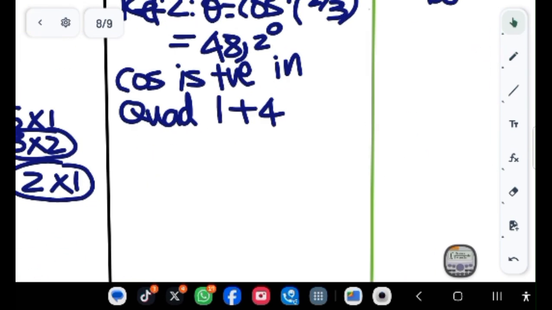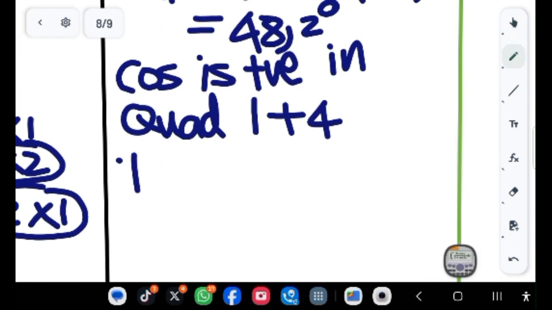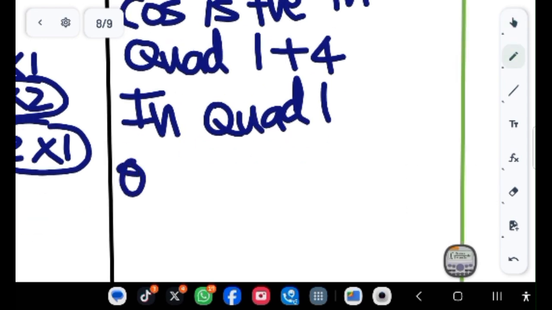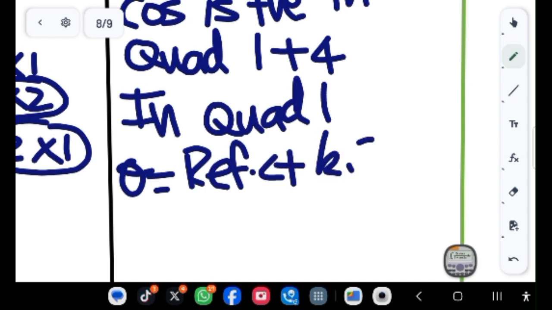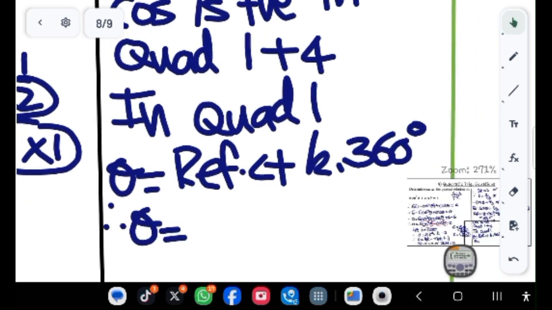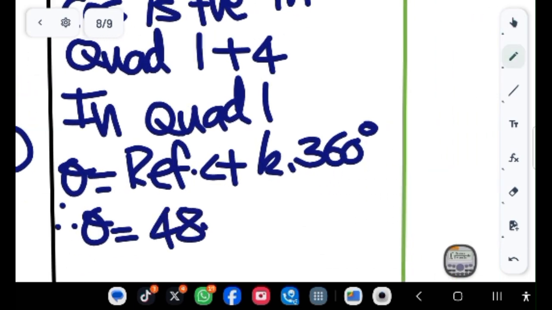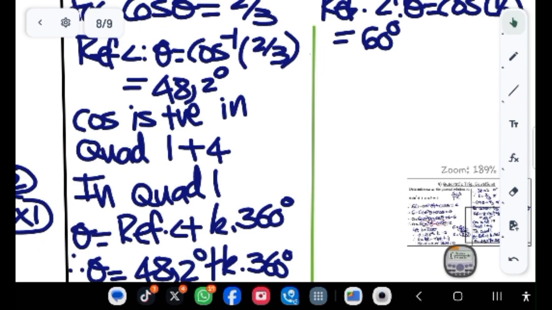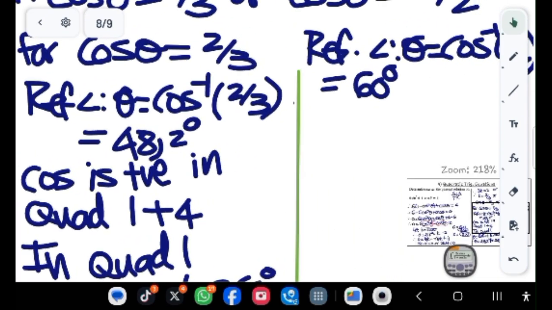In quadrant 1, our angle will simply be the reference angle plus k times 360 degrees, which leaves us with theta equals 48.2 degrees plus k times 360 degrees. That's for when cos is positive and for quadrant 1.